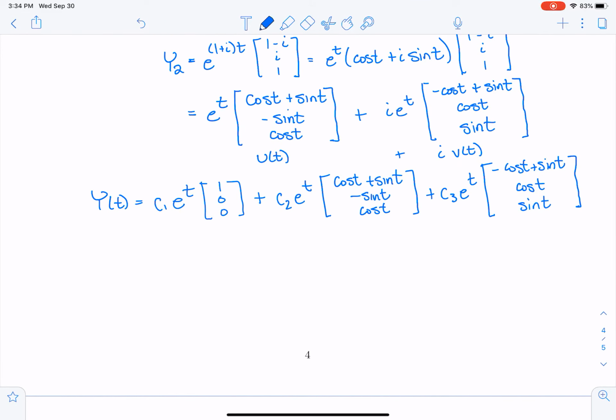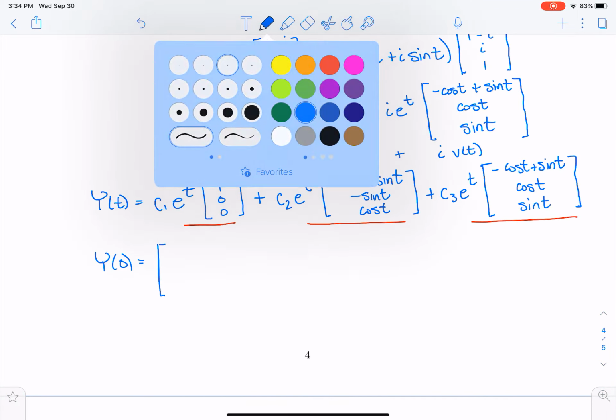Okay, we now need the initial condition. So what is y of 0? So y of 0 in this case is going to be a matrix. I'm going to form a matrix using essentially these as my columns when I plugged in 0.